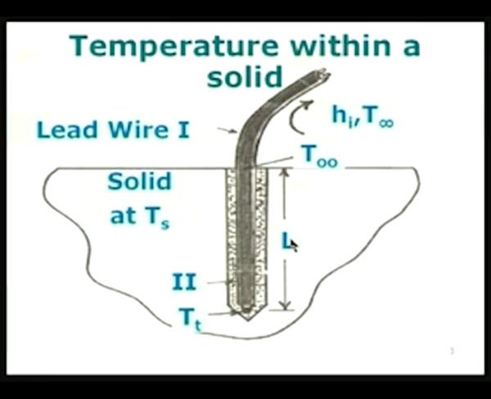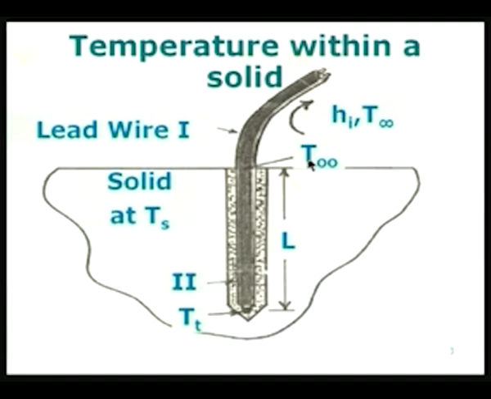Number two, have a very deep hole, L, very large compared to the diameter of the wire. If you do that, you can actually reduce the temperature error Ts minus Tt. If indeed it is possible to have a very long, very deep hole, then you may even be able to eliminate the difference between Ts and Tt. And also see to it that the outside is not exposed to a very high heat transfer coefficient, because that is also not good for this.